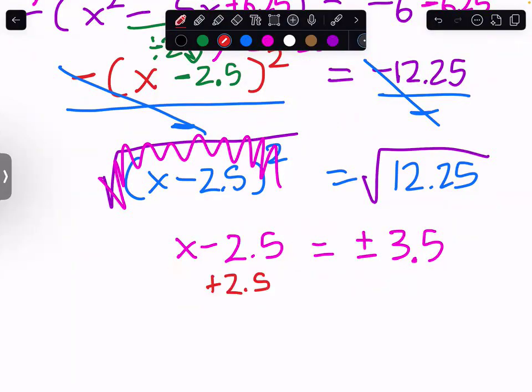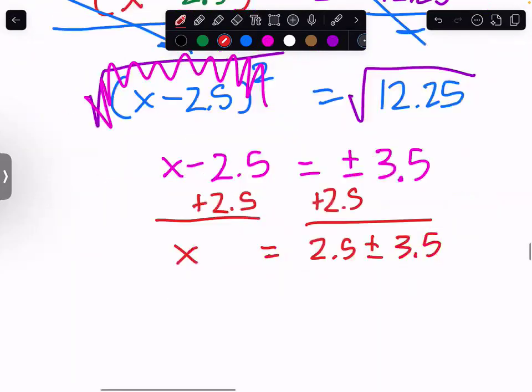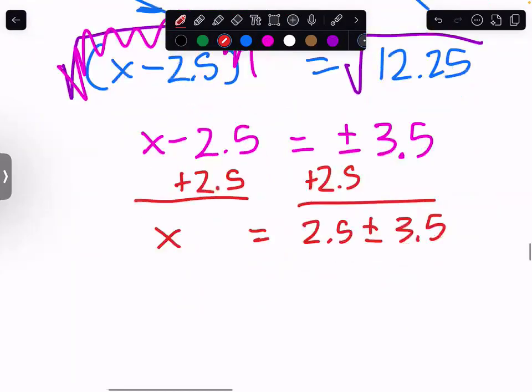So let's add 2.5 to both sides. Okay, so notice the order kind of gets switched. The 2.5 goes in the beginning, the plus or minus goes at the end.